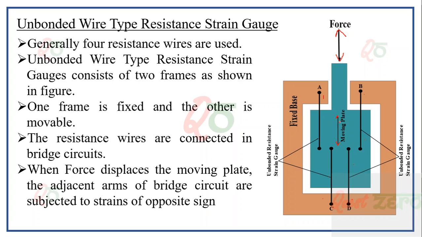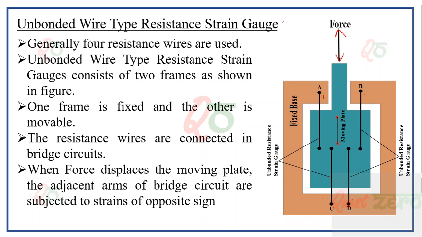Now, when there is no force being applied, all these four, which are of the same material and the same resistance, will give R1. Suppose RA by RD and RB by RC will give you the same values. However you connect the Wheatstone bridge network depends on it.